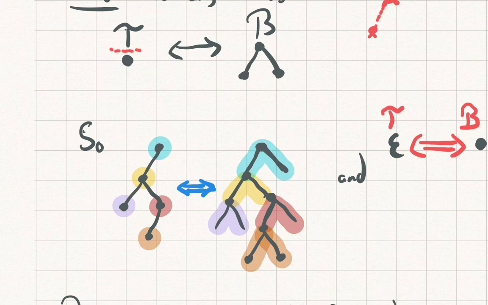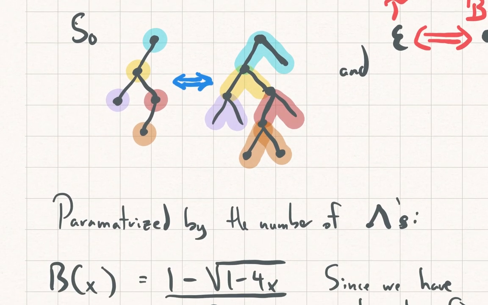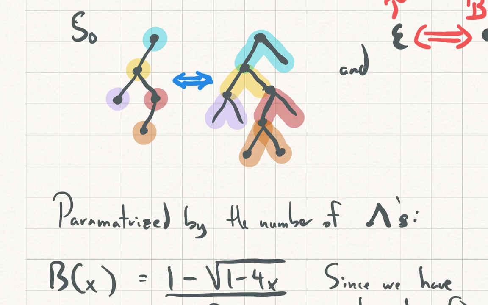But rather than parameterizing by the number of vertices in the regular rooted binary trees, for the balanced ones we're going to parameterize by the number of structures.